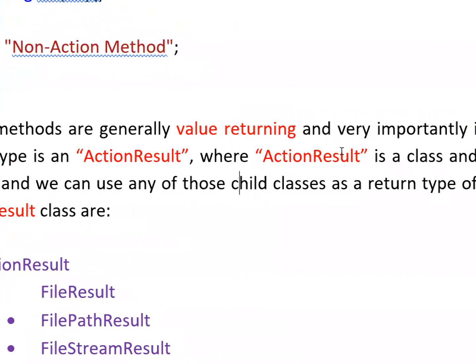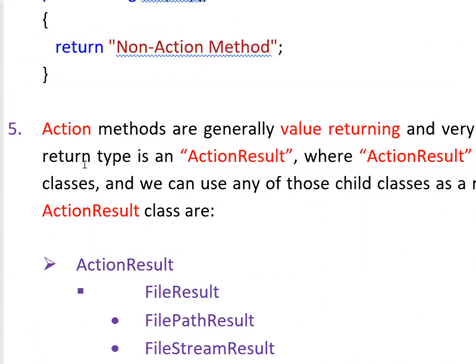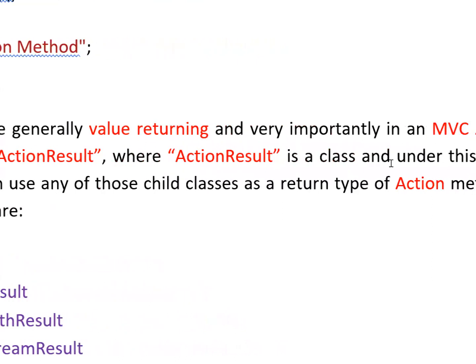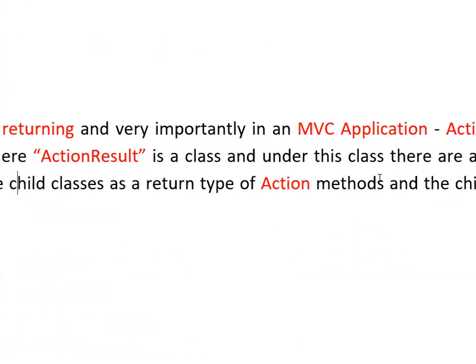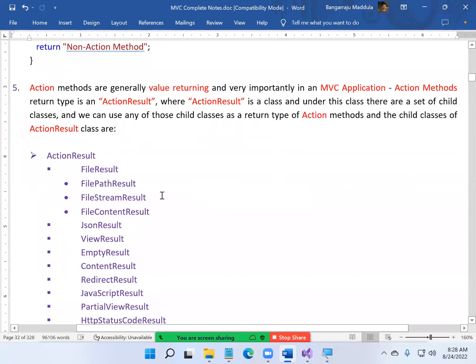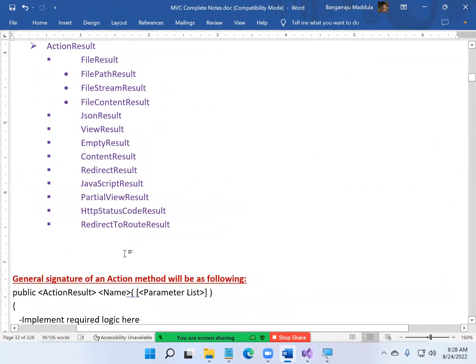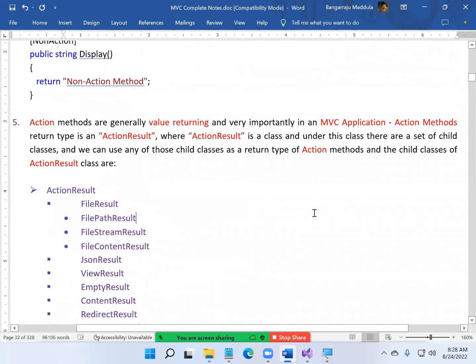ActionResult is a class, and under this class there are a set of child classes, and we can use any of those classes as the return type of an action method. Have a look, guys. This is the list of the child classes that you have for action methods.